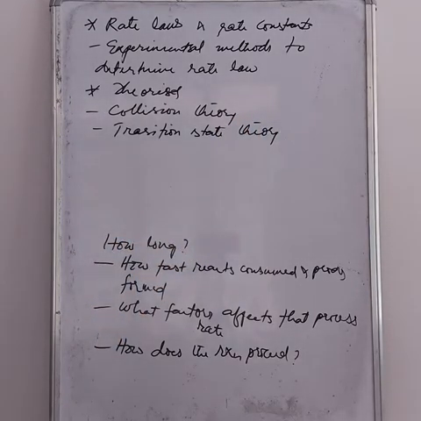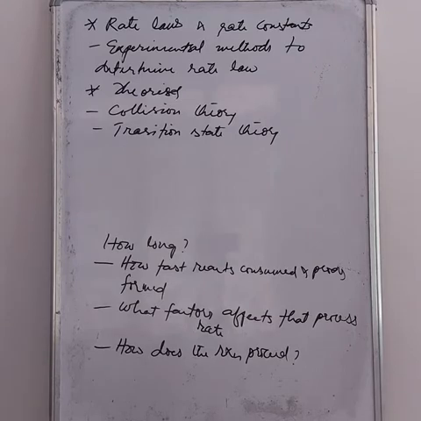Then, of course, we have the effect of temperature on reactions described through Arrhenius theory, but it's being omitted, so we won't discuss it. So these are the things that we'll discuss under this chapter.